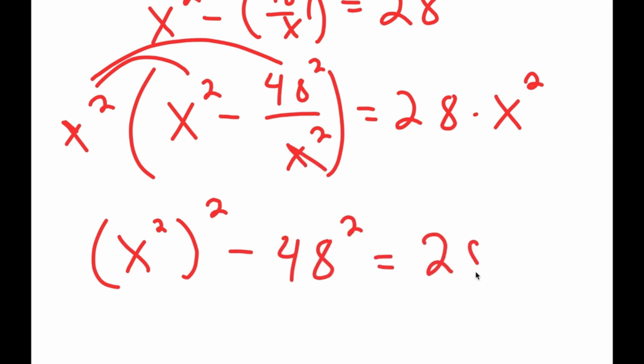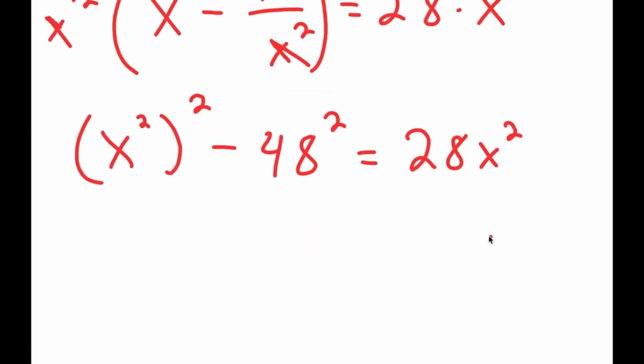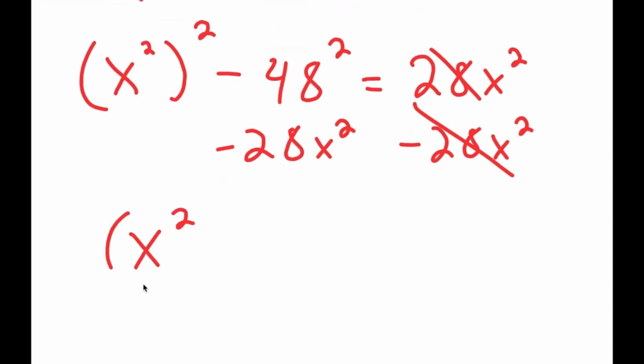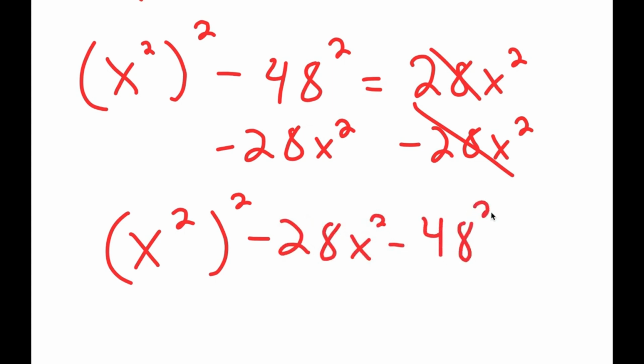And now this is equal to 28x squared. Now I'm going to subtract 28x squared on both sides. So I get (x squared) to the power of 2 minus 28x squared minus 48 squared is equal to 0.